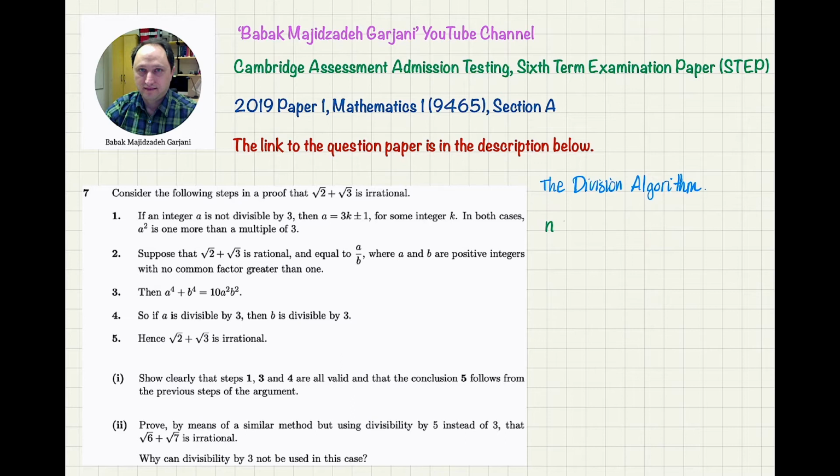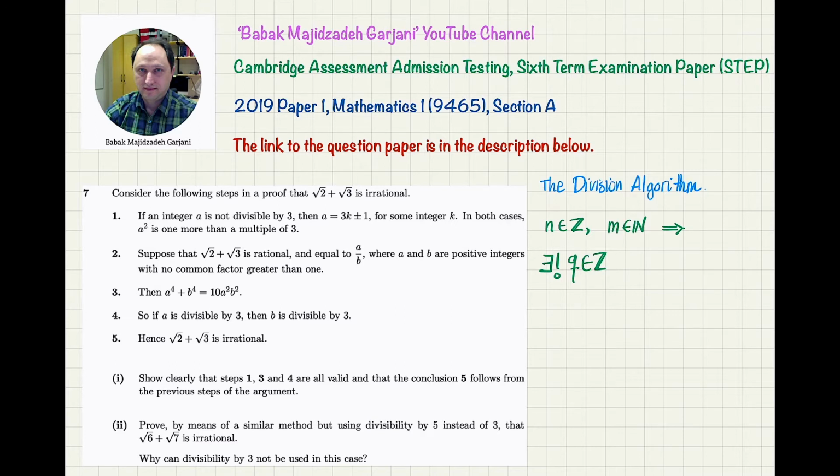n is an integer and if m is a natural number like 1, 2, 3, 4, etc., then there exists a unique integer q. This reversed E means there exists, and this exclamation mark emphasizes that this is unique.